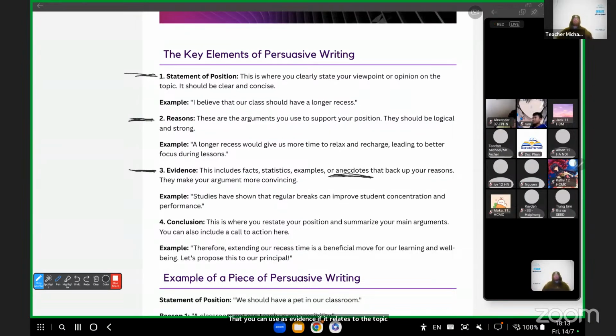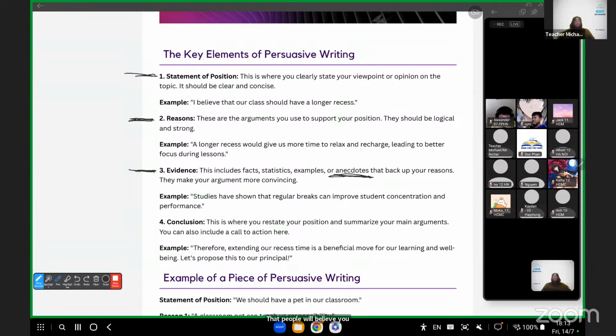Of course, we need to make sure that they back up our reasons. So our evidence needs to support our argument. Evidence is also helpful because it makes your argument more convincing. If you provide evidence, people are going to believe you more, or there's a higher chance that people will believe you.